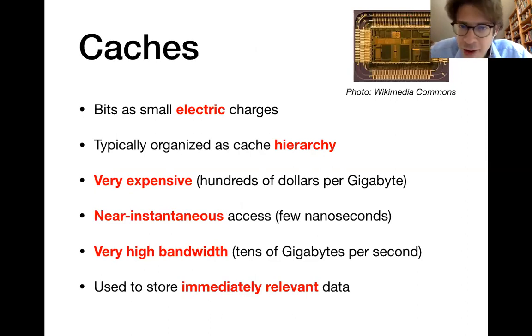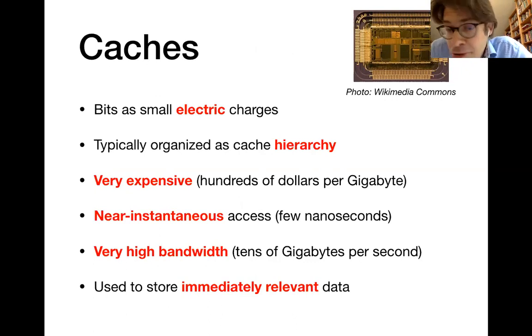Finally, we have the CPU caches, and they are typically organized as a hierarchy. So you have not only one cache, but you have L1, L2, and L3 caches. And from L1 to L3, typically, we increase the capacity, but access time increases as well. Now, clearly, those caches are very expensive per gigabyte, so we cannot make them all too large.